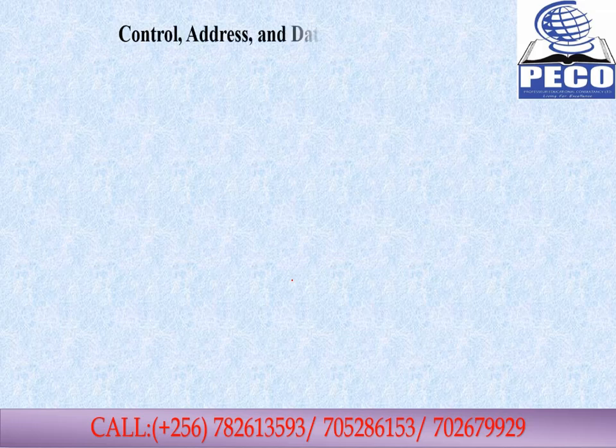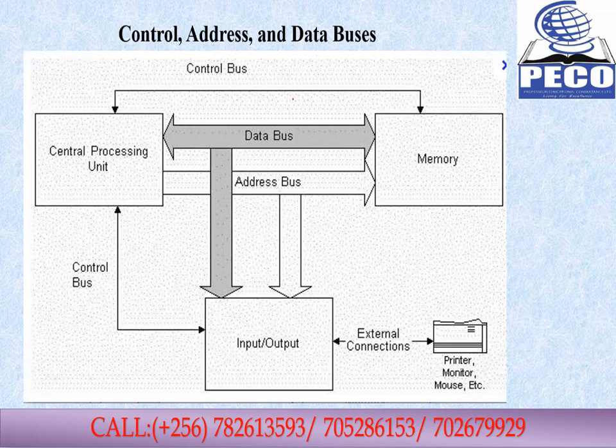Now, here we have a simple diagram showing the control bus, the address bus, and the data bus. Usually you'll have the memory, which at times you can refer to as the primary memory or random access memory.